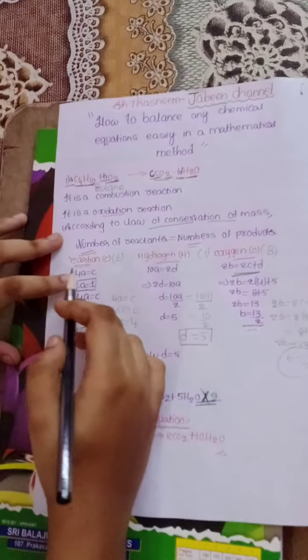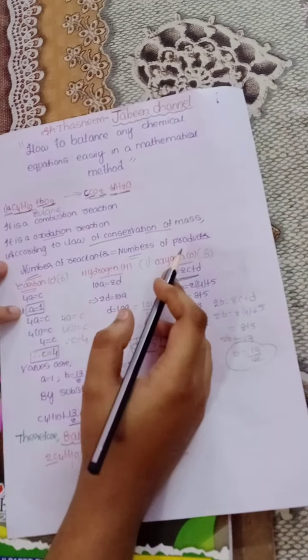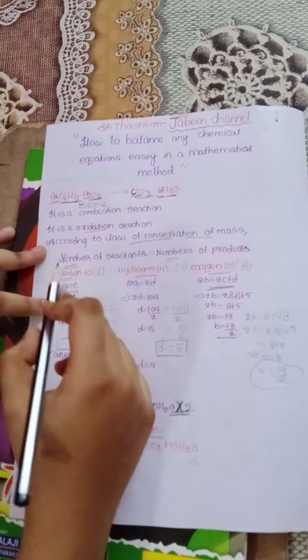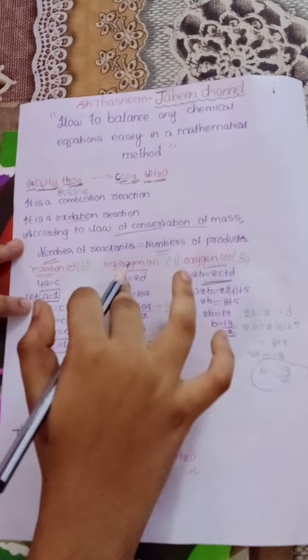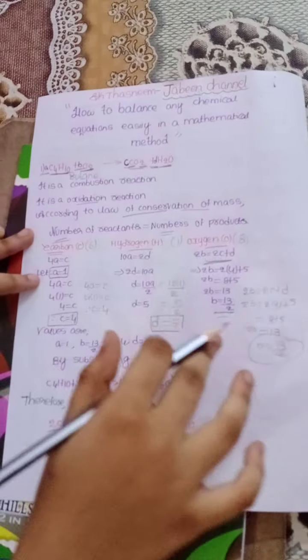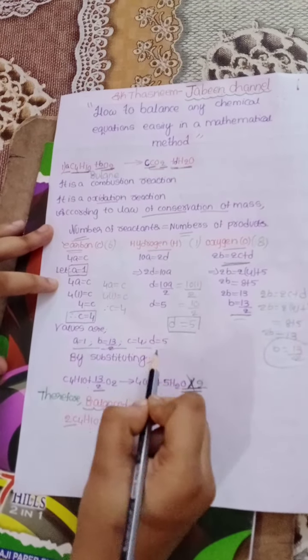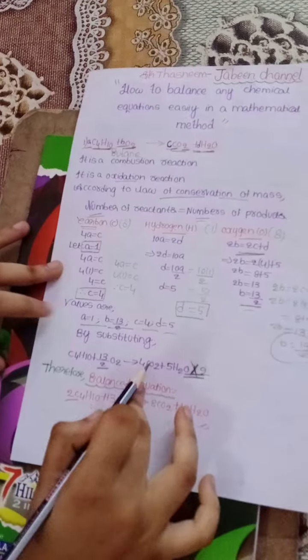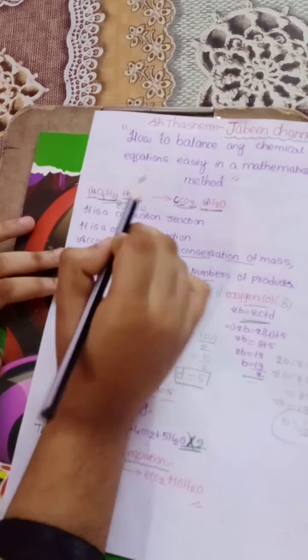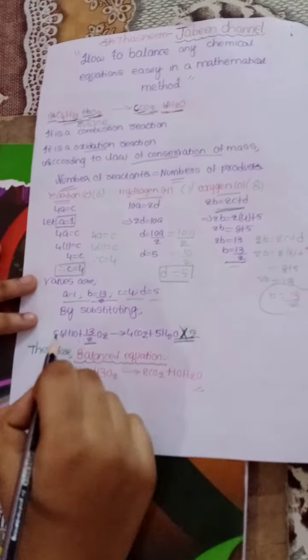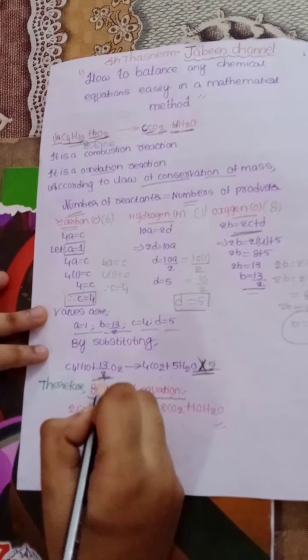By the law of conservation of mass, the number of reactants equals the number of products. It means left side elements equal right side elements. If we consider the three elements, carbon, hydrogen, and oxygen, we get the four values A, B, C, and D. By substituting in our equation, which is given in the question, we get this equation.